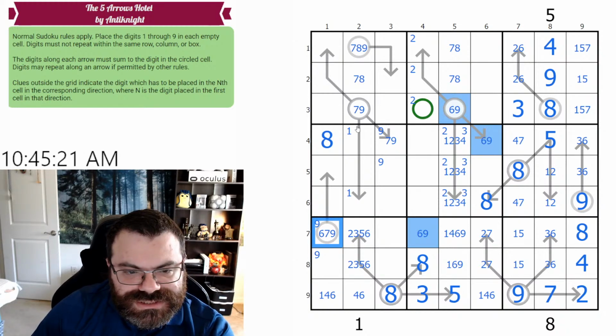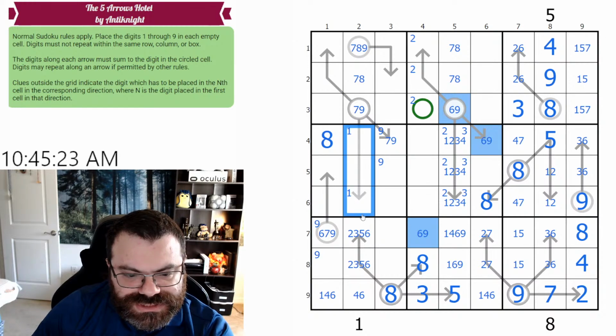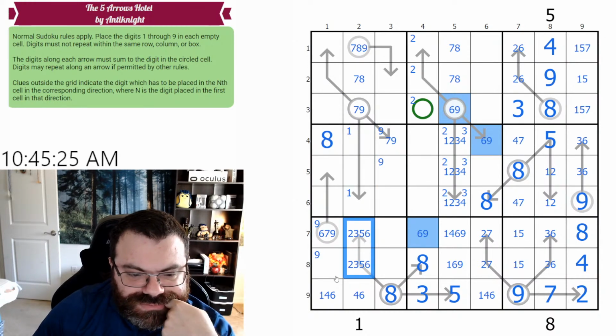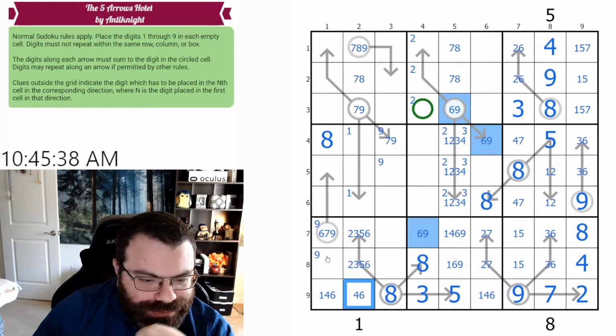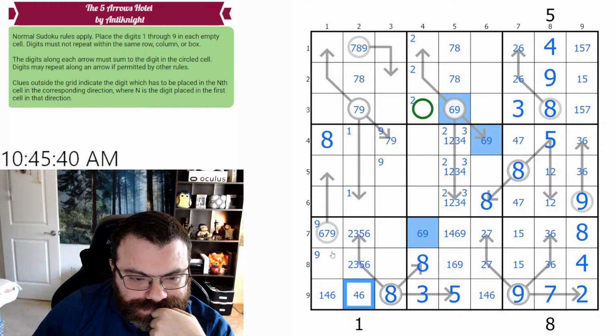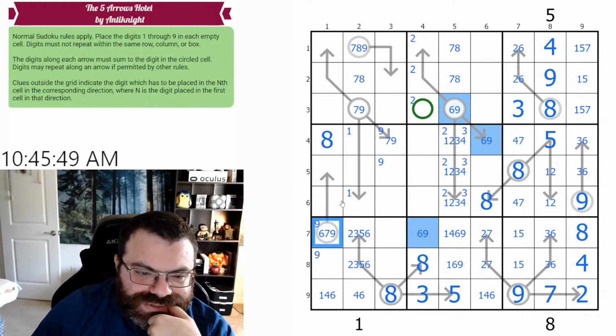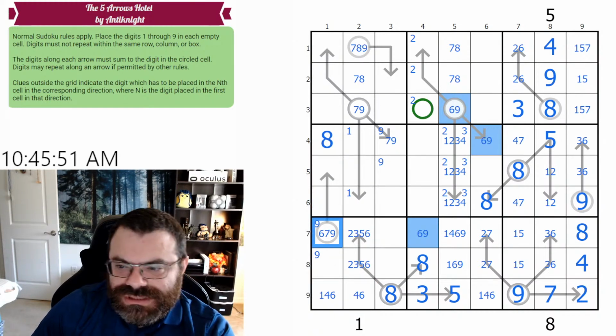Well, if this was a 6, this would be a 9, this would be a 1, 2, 6, this would be 3, 5, but I don't see the problem. This would be a 4. Well, the issue is then adding to 6.